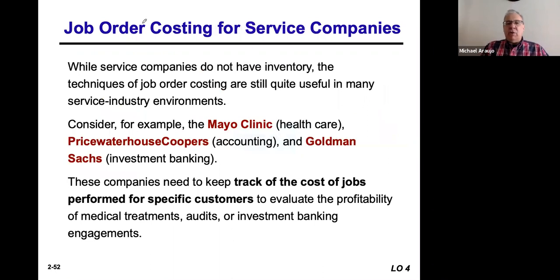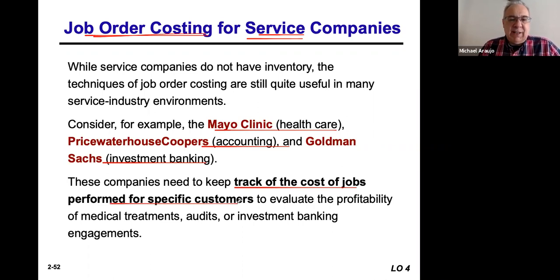But you might know, or may not know, that even though we've been talking about manufacturing, and this course does emphasize manufacturing more than any other industry, job order costing can be used and is used in service businesses. Whether it's healthcare, accounting, or banking, all of these companies are tracking the costs of jobs for specific customers.